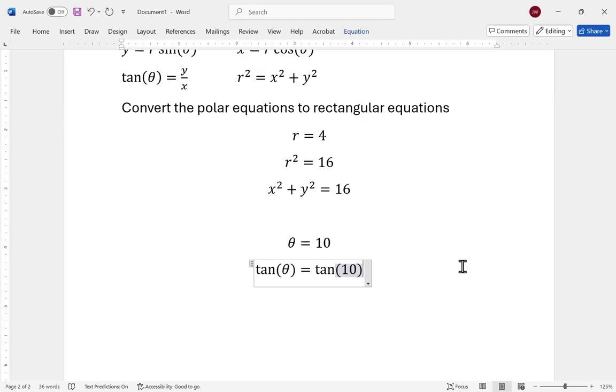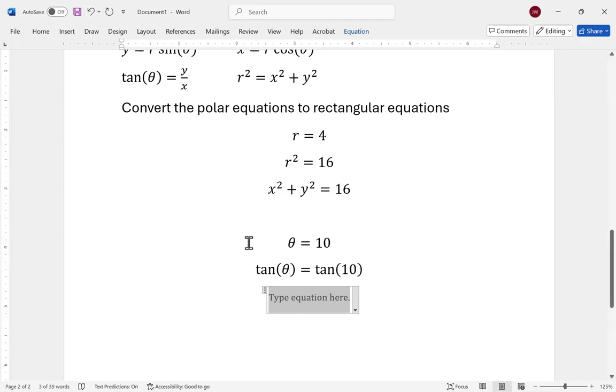By the way, tangent of 10 is around 0.65, but I won't actually write that as a decimal right now.